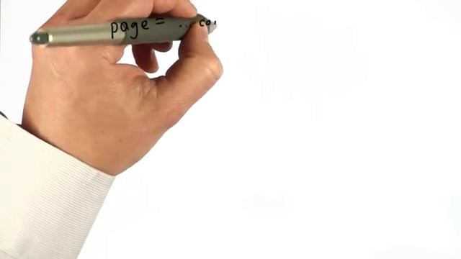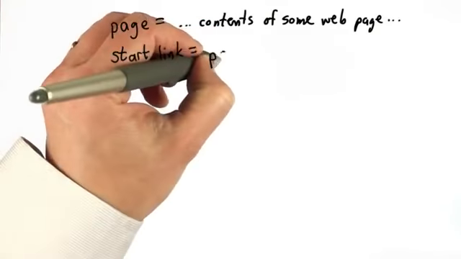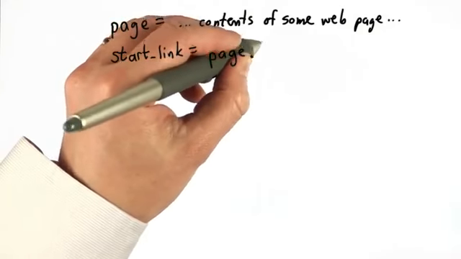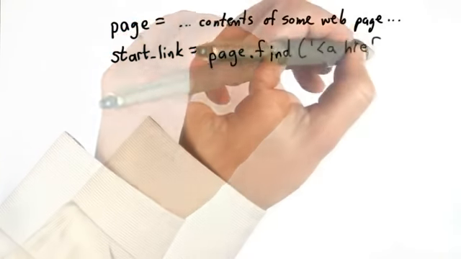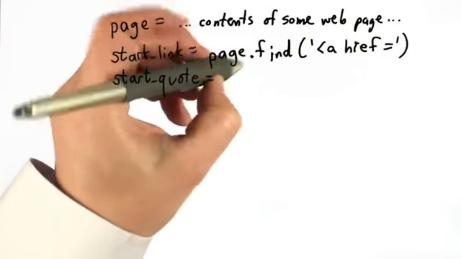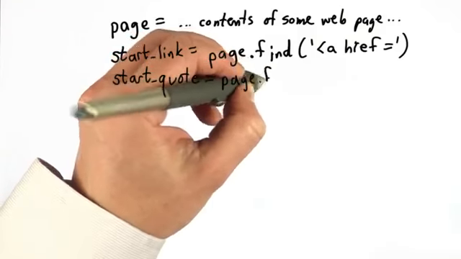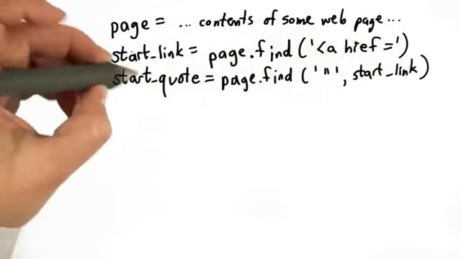We solved this problem of extracting the first URL from the page. We assumed the page was initialized to the contents of some web page. We initialized the variable start link to the result of invoking find on page, passing in the start of a link tag. Then we initialize the variable start quote to the result of finding in the page the first quote following that link tag.